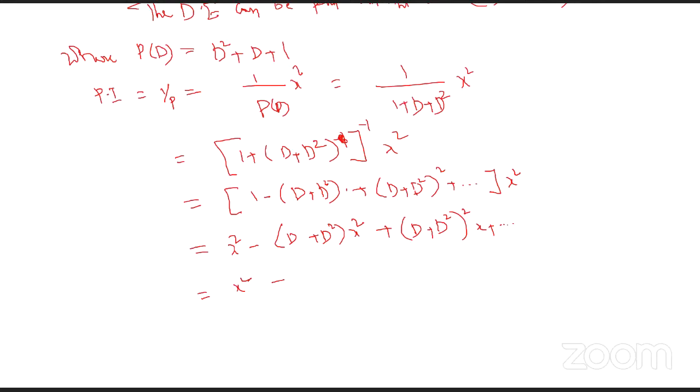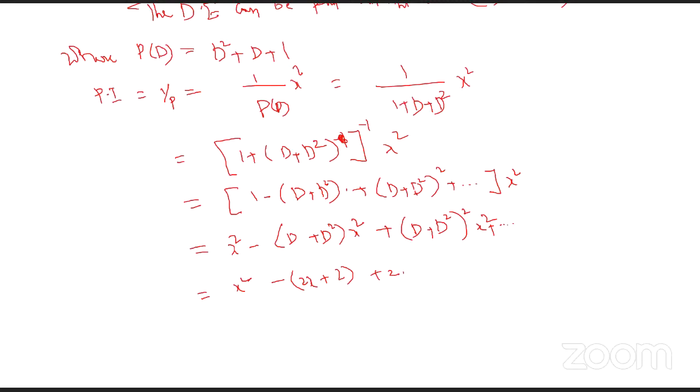Differentiation of x² is 2x. Differentiation of 2x is 2. So we get x² + 2x + 2 plus 2.